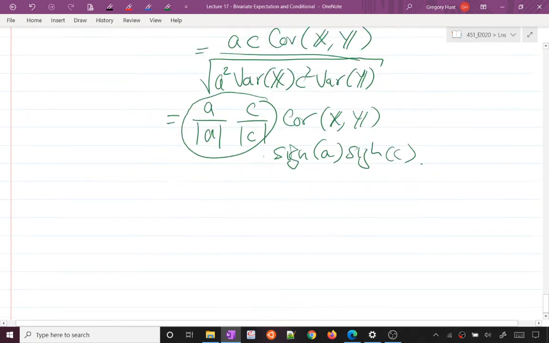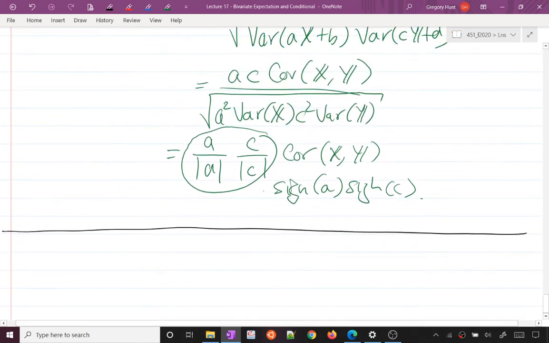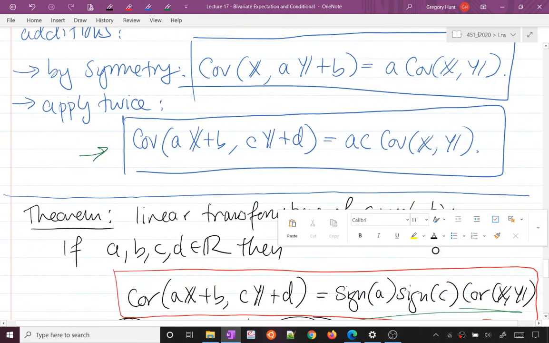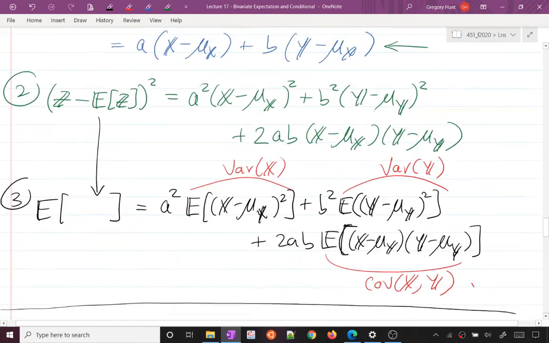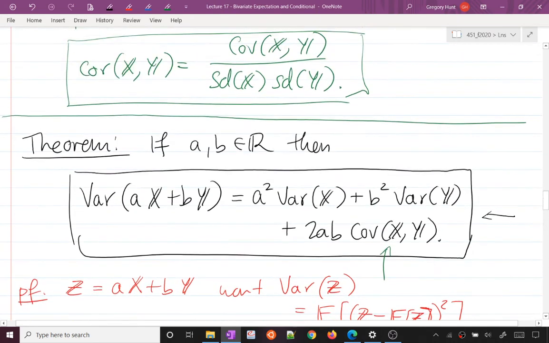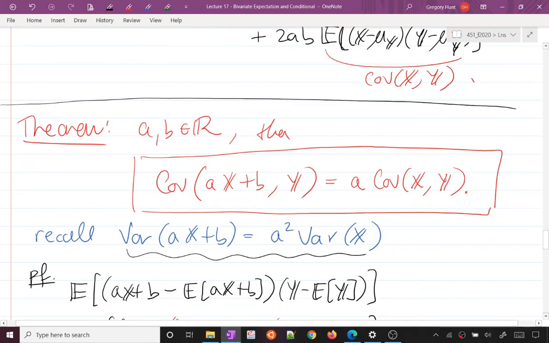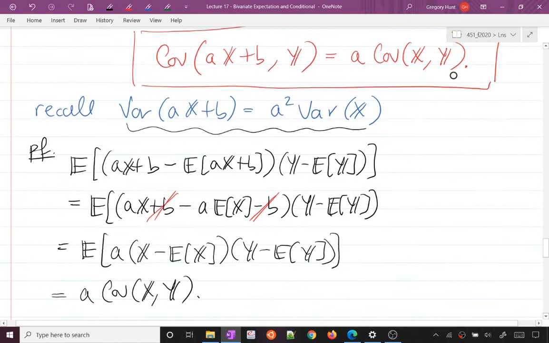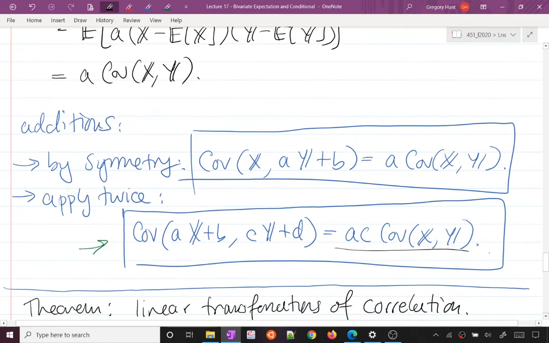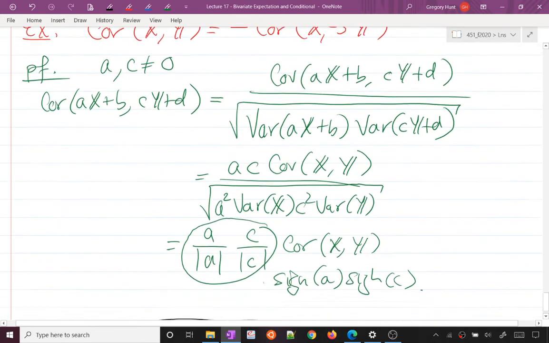Okay, so we've just done a real quick tour through a couple theorems about what happens if I linearly transform things, right? The variance behaves like this under linear transformations. For my covariance, I can just pull out the multiplicative constants, like in this theorem, and my correlation just basically ignores it. You have to flip the sign if you have to flip the sign, but that's all.